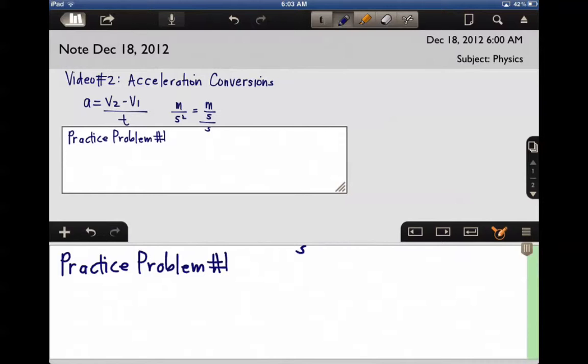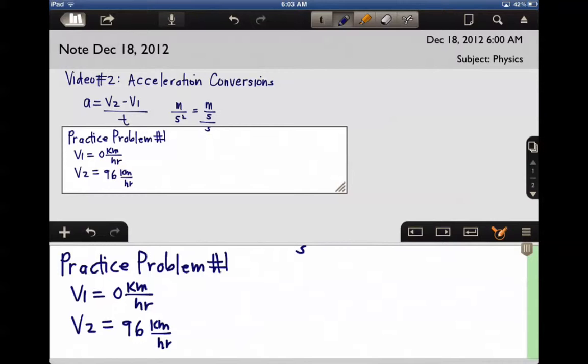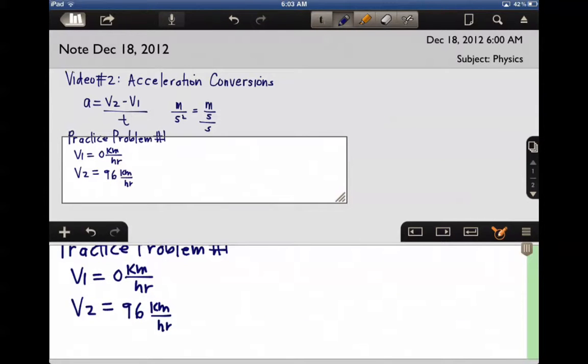So in the earlier video, we calculated the acceleration of a cheetah. And I believe we found, I can't remember. We had a cheetah that could go from 0 kilometers per hour to 96 kilometers per hour in 3 seconds.